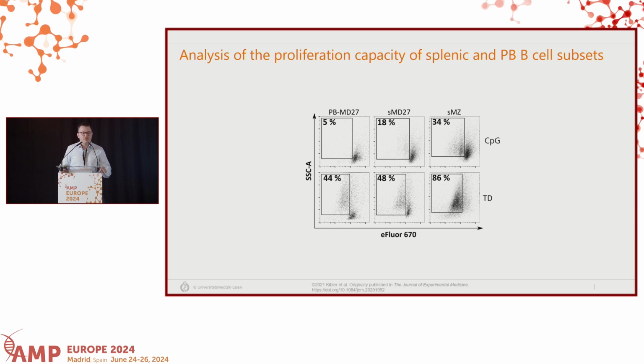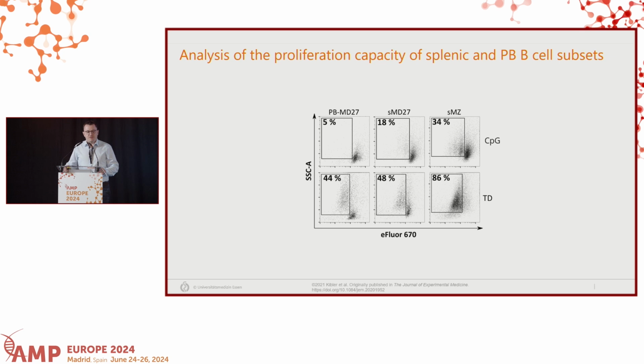And as you can see here, this is an analysis of cellular proliferation upon stimulation. And these analyses were performed on the same day. And as you can see on the right, marginal zone B cells show a higher proliferation capacity compared to both spleen and blood-derived conventional memory B cells, irrespective of the stimulation condition.